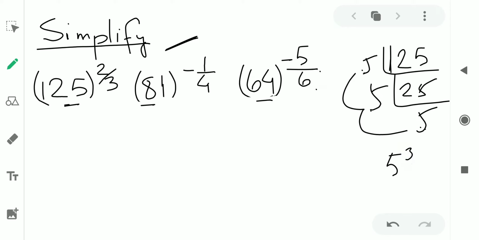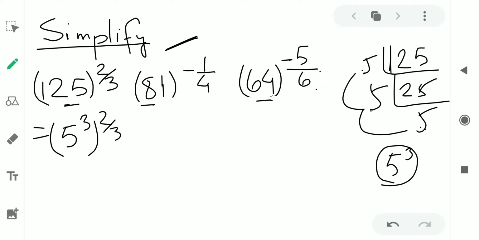That means we can express 125 as 5 cube also. So let's write here 5 cube in place of 125. So it will be 5 cube whole to the power 2 by 3 is equal to.